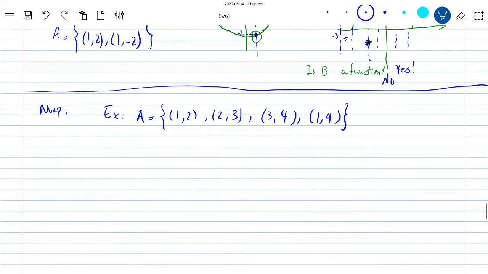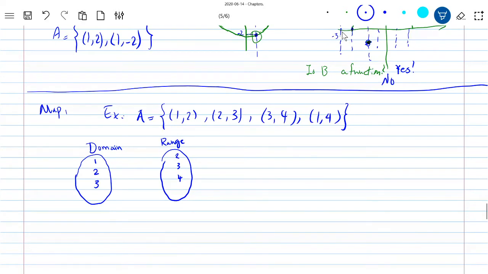Instead of giving you the set this way, they give you the set through a mapping. They tell you this is the domain elements, and here is the range elements. Domain elements were 1, 2, and 3. Range elements are 2, 3, 4, and 4 again.